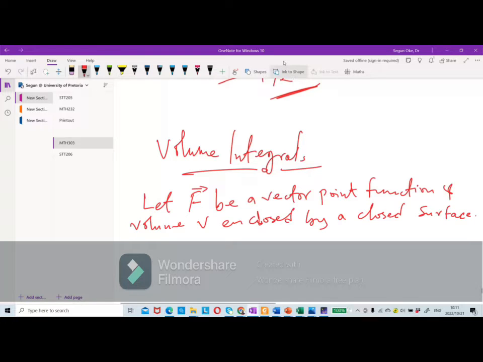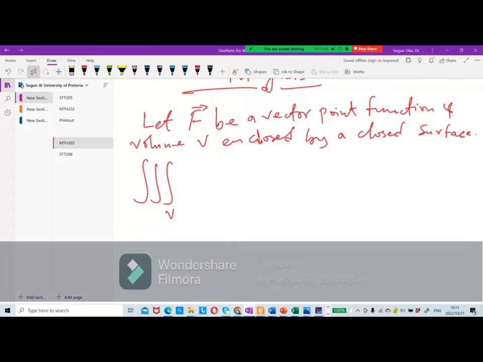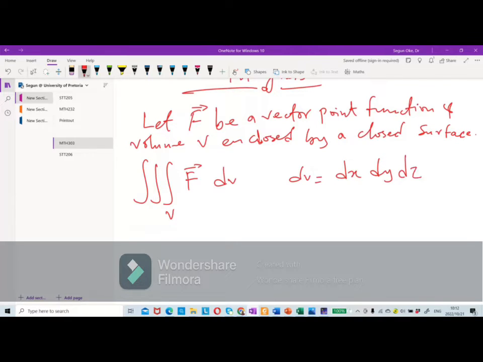So we have the integral of F. When they say volume, it is a triple integral of F dV. We all know V. Where V is the what? Who can tell us the V? It is the volume, sir. Yes, and our dV is equal to dx dy dz. Three planes.